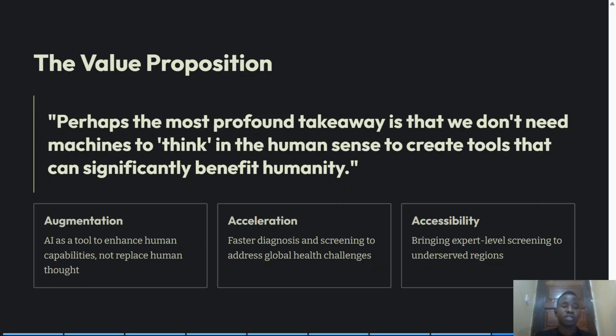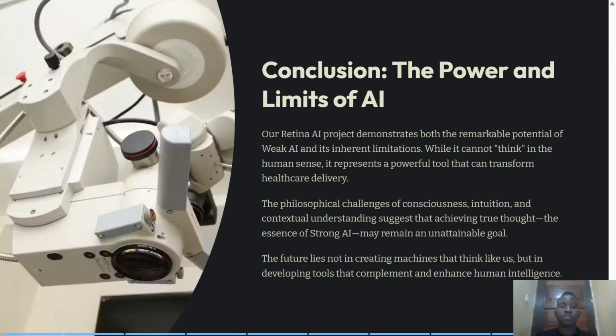In augmentation, this AI tool is to enhance human capabilities, not replace human thought. With acceleration, we provide faster diagnosis and screening to address global health challenges. With accessibility, it brings expert-level screening to underserved regions. That's how we resolve those issues.